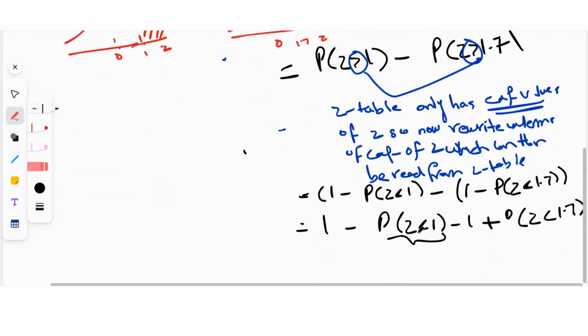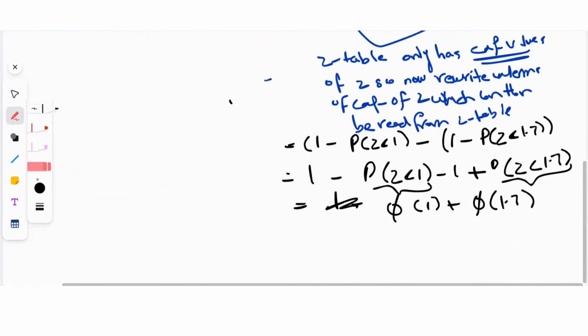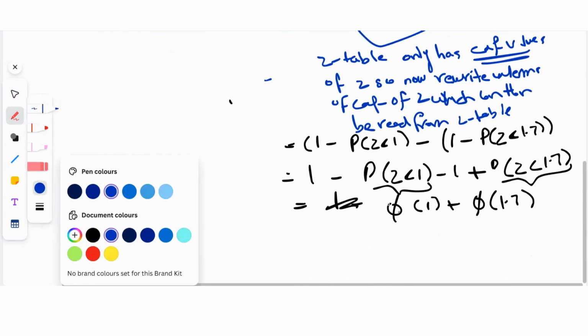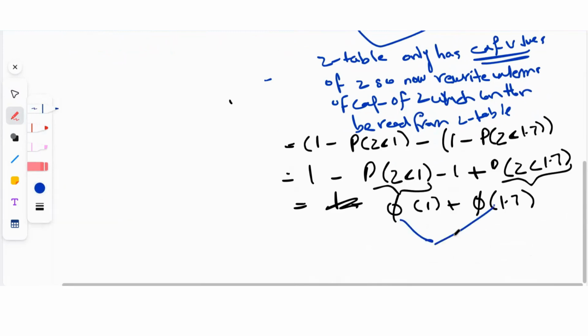Now this is in the form of CDF for positive values of z. Oh, sorry, this 1 minus 1 gets cancelled. So this becomes minus Phi(1) plus Phi(1.7). Because for a standard normal random variable, we represent the CDF using phi rather than using z. And now you can read these from the z table, because both of them are in the form of CDF of positive values.